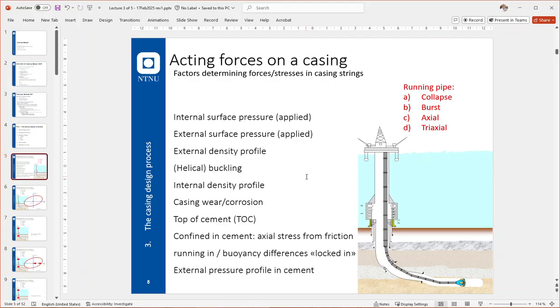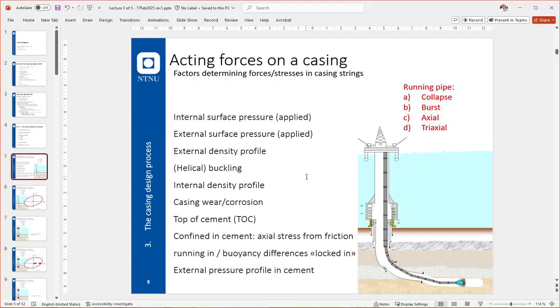In other cases, what happens is that we put in special mud or fluids because we know it's going to stay for a very long time. It could be just additives or chemicals. Regardless, the cement itself would very often have a different density profile than what the drilling mud has.